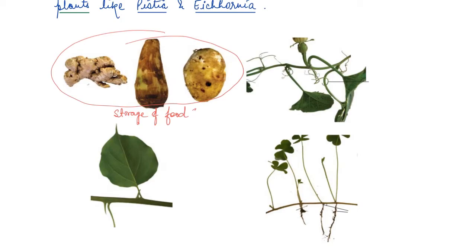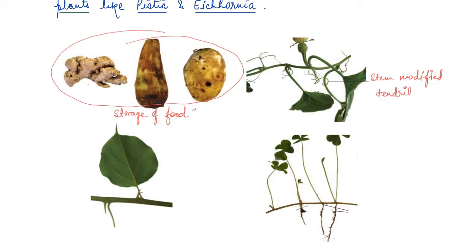Now, in the second case, what we read is that the stem is modified into what? It is modified into a tendril, which helps in climbing a tree, right? It serves the purpose of a climber.